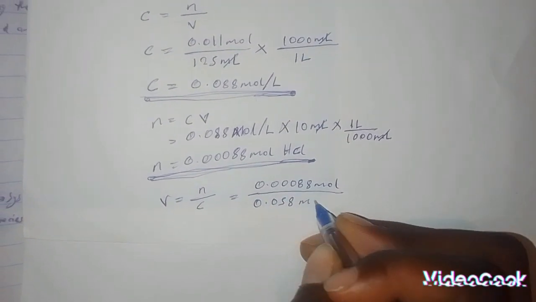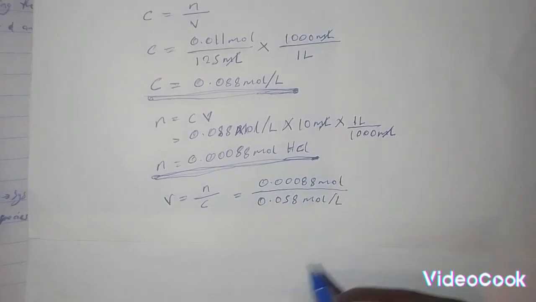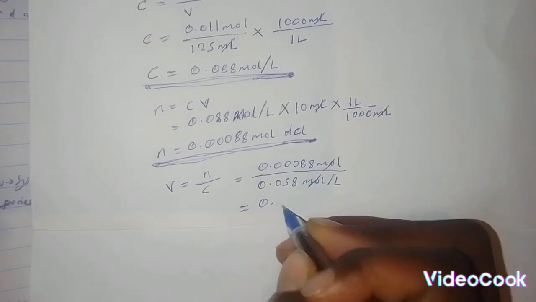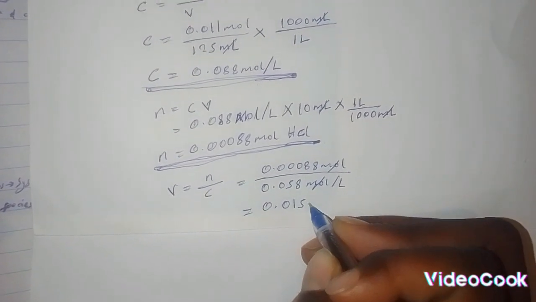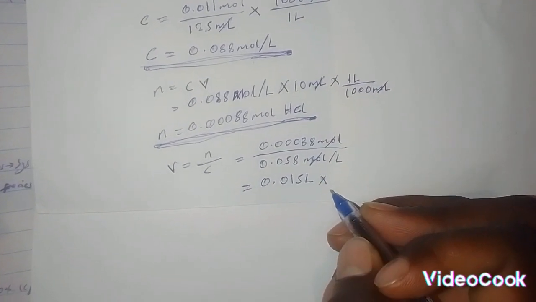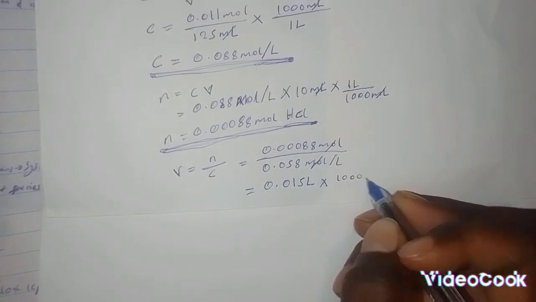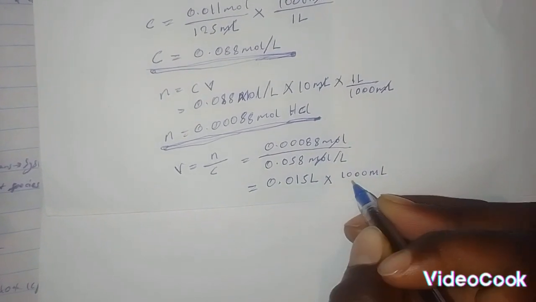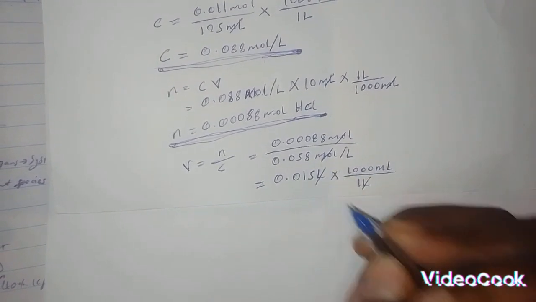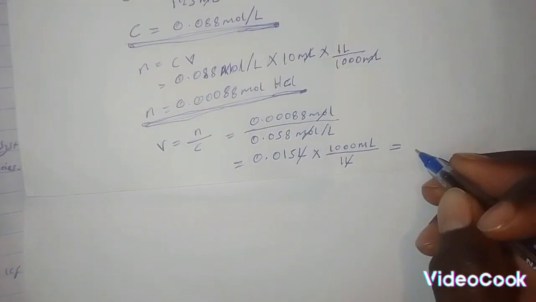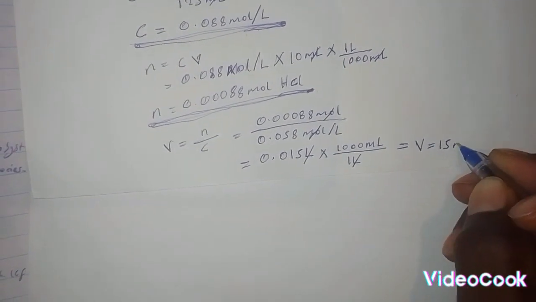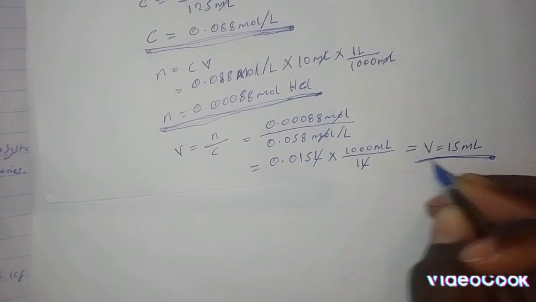According to the data, we have mole per liter. So this guy and this guy go. Therefore, we have our volume as 0.015 liters, but we don't want our volume to be in liters. Therefore, we will multiply it by the conversion factor, which is 1000 mils divided by 1 liter. So liter and liter will go. Therefore, we finally have our volume as 15 mils.